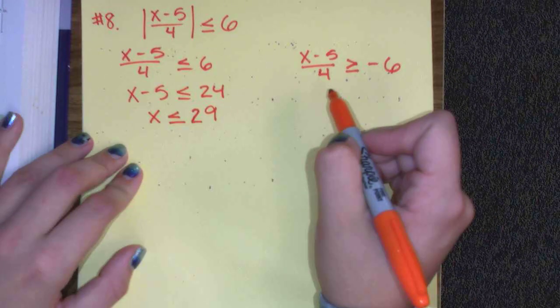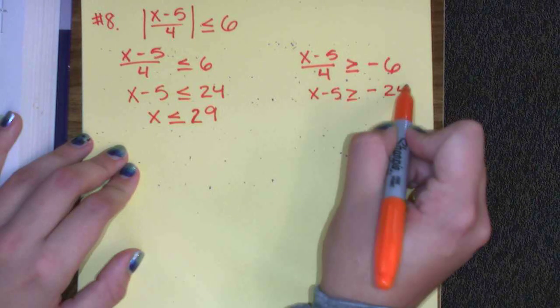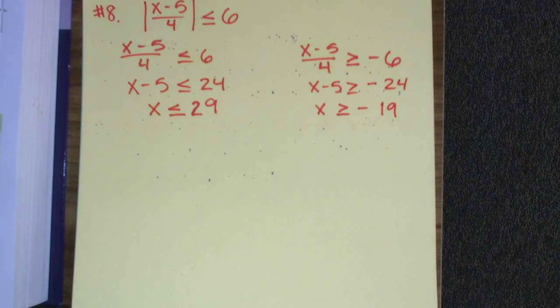Over here. Alright, so with this one, what does it look like? I would use brackets this time. Why is this an and?